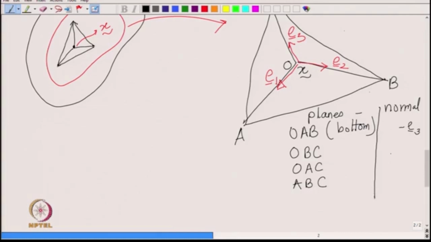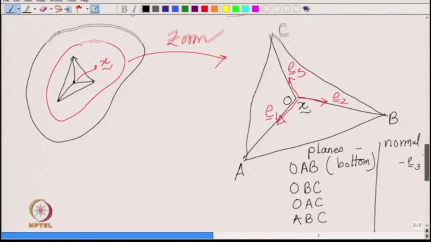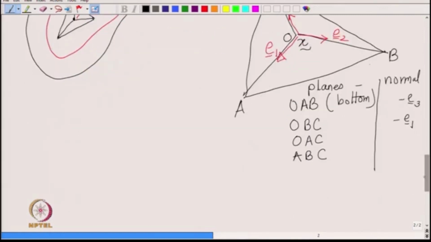OBC, what is the normal to OBC? That is minus E1. What is the normal to OAC? That is minus E2. And what about ABC? Okay, that is a tilted plane.